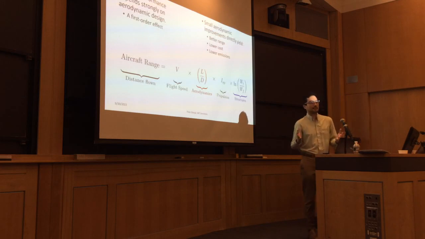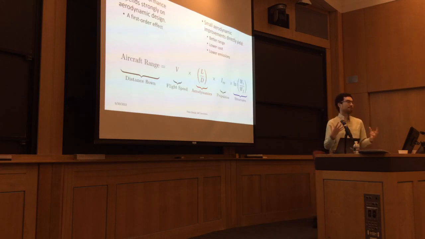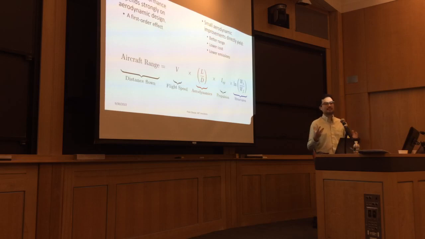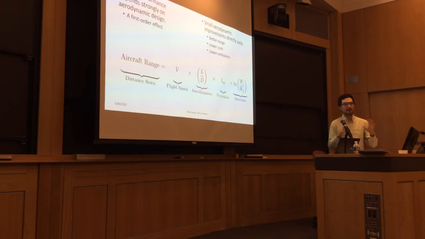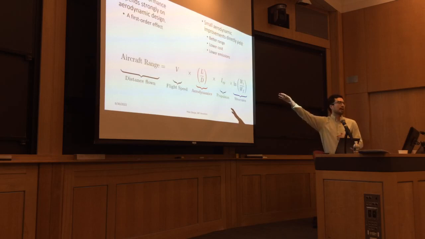So let's motivate this a little bit. All right, so we're in the business of designing air vehicles, airplanes, rockets, the like. And most people have an intuitive understanding that the performance of a vehicle like that depends on the aerodynamics. But it's not always clear just how important that is here. It's really a first order effect. This is what we call the Breguet range equation here.